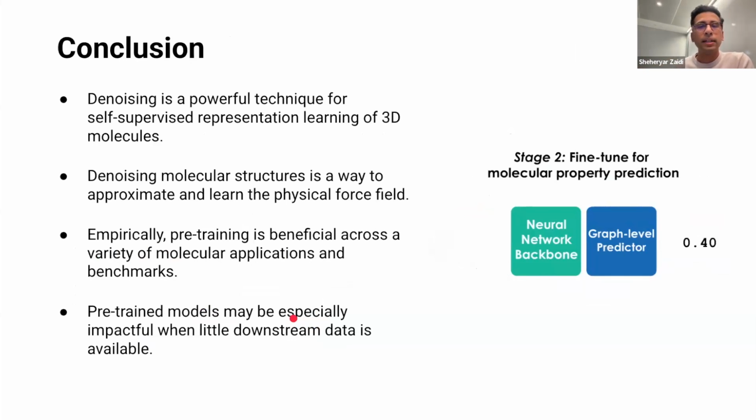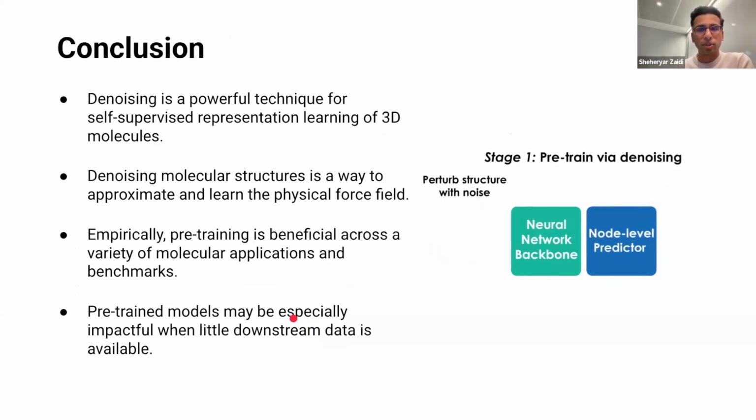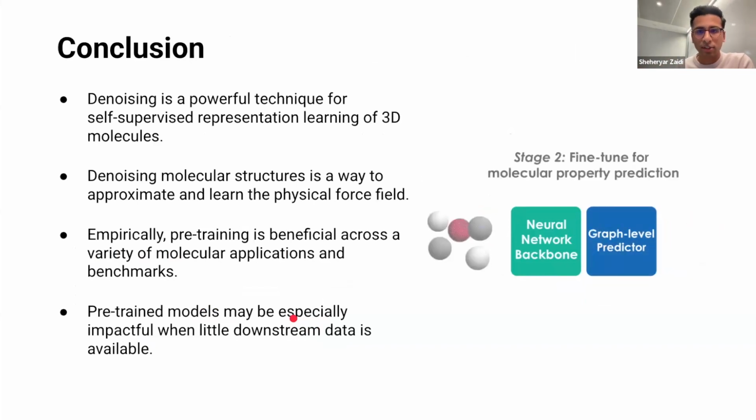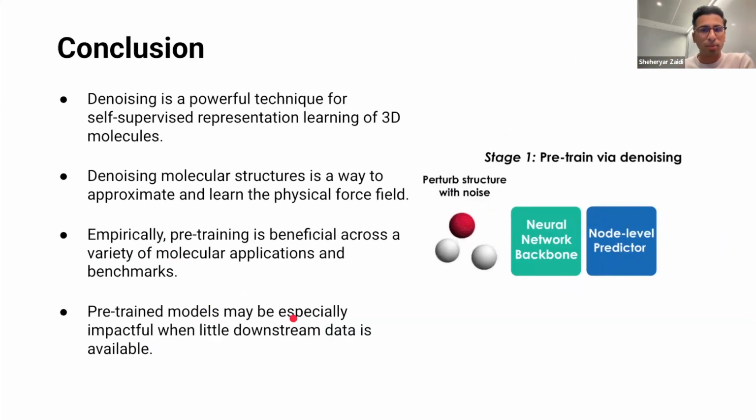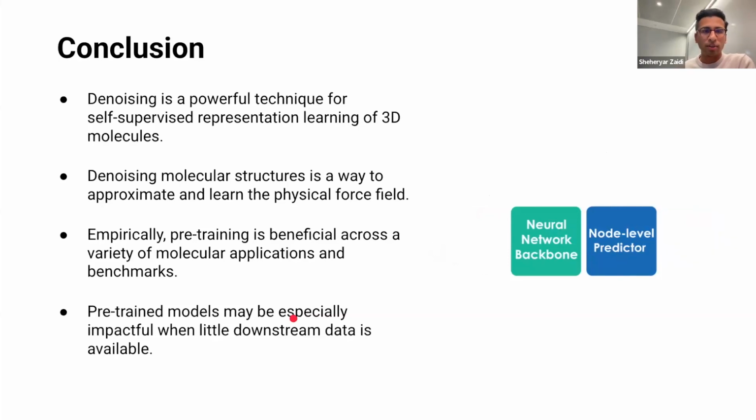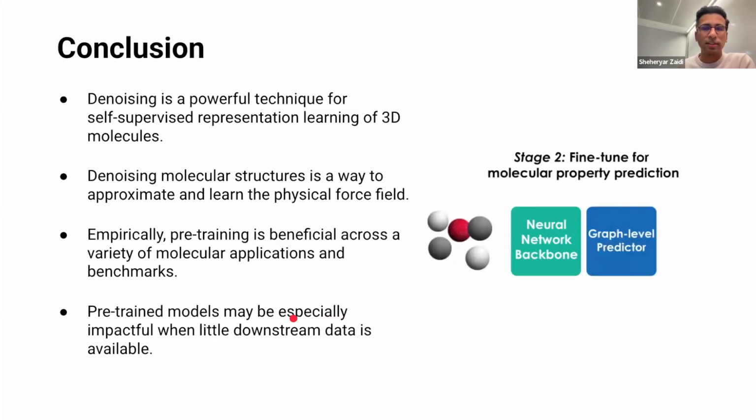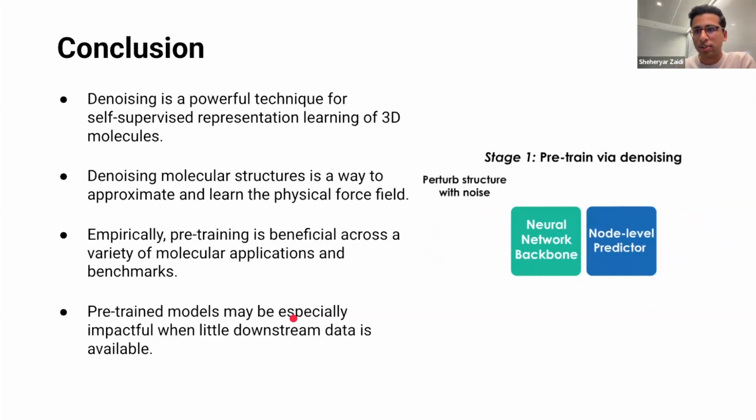And we then found that pre-training is beneficial across a bunch of tasks: CCSD(T) energies like DES15K, QM9, Open Catalyst 2020. And it seems that pre-training might be especially impactful when you have little downstream data. So you can pre-train a model on something like PCQ, and if you have small amounts of data, that's where you might see the biggest benefit of pre-training. So those are the main conclusions.